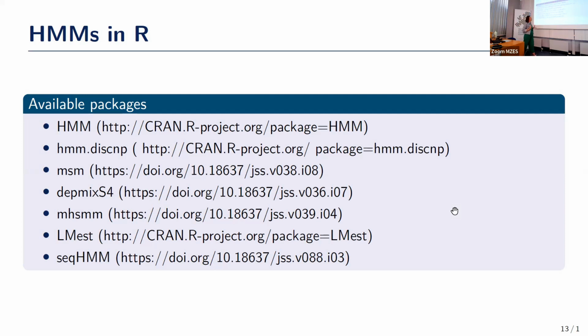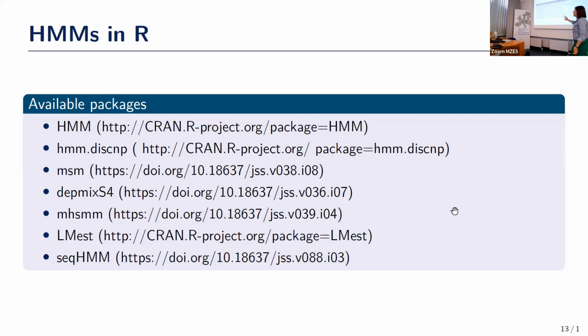As I mentioned, I personally don't use R for this analysis specifically, but I've had a bit of a look around, and it seems there are quite a lot of packages that allow running some form of HMMs in R. They all, in my opinion, have their limitations.